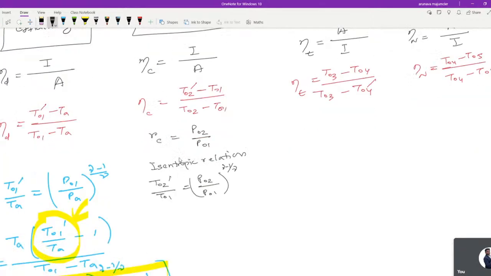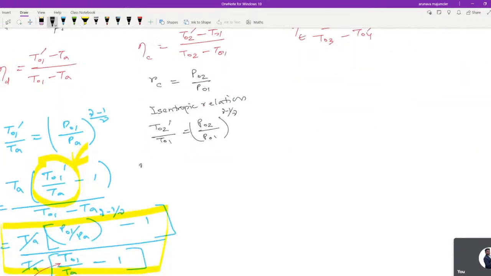Now again we are going to do the same thing. What is the same thing? Eta c equals, we will take it common. Which is the common part we will take? T naught 1 we will take common. So T naught 2 prime by T naught 1 minus 1, by T naught 2 minus T naught 1. Now this term, in place of this, we will apply this one.